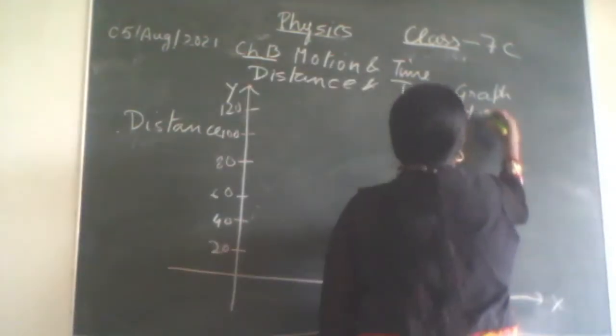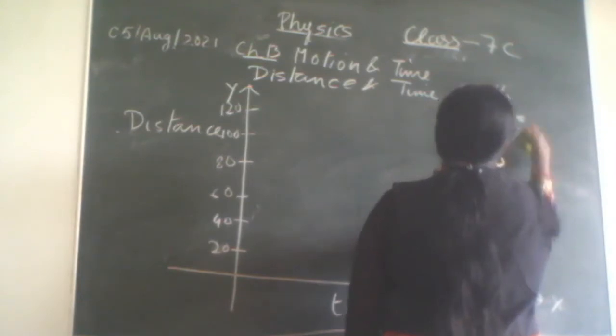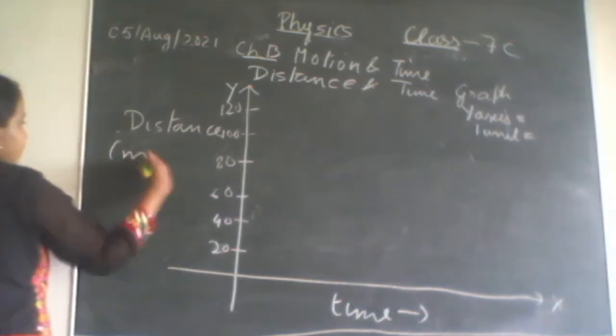So can you tell me how much is 1 unit on the y-axis? The distance is denoted in meters.